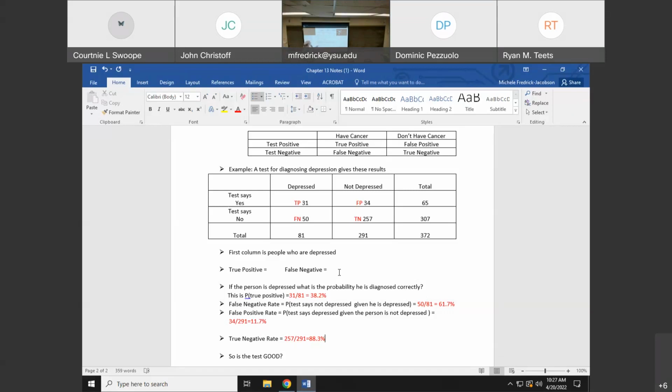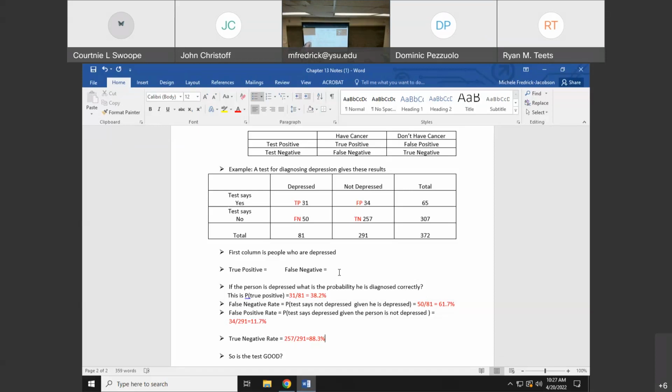Then if we look at the true negatives, these are the ones that are not depressed and it said they weren't, which was pretty good, 88%. But this 11% here, they're not depressed, but it's going to say they are.